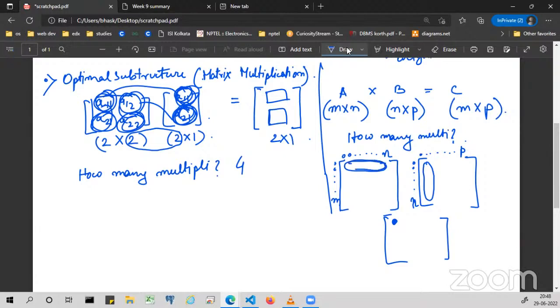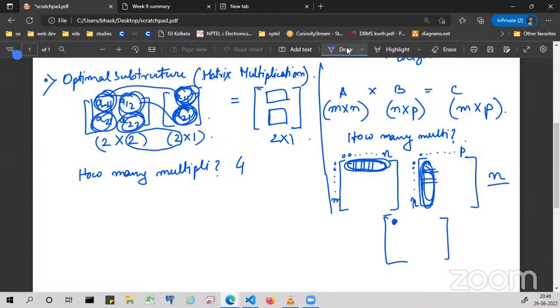I'm taking the first element, multiplying with the first element, then adding that with the second element multiplied with the second element. So how many multiplications are we doing when I am just multiplying this particular row with this particular column? Just n, correct. So I am just doing n multiplications.